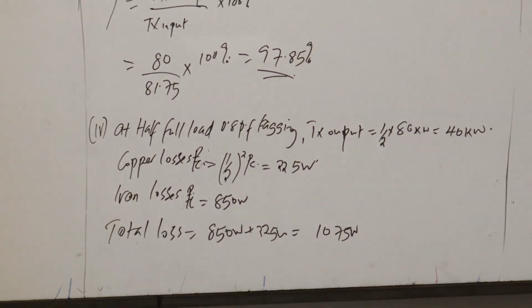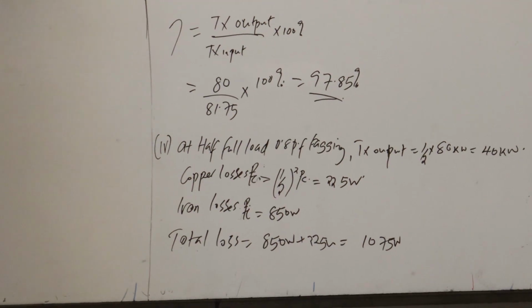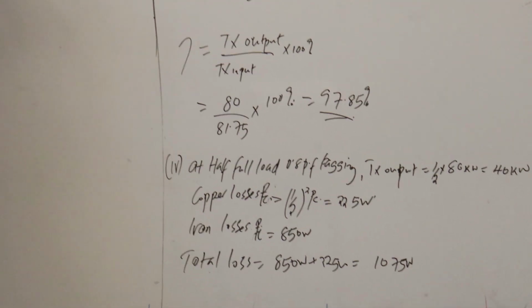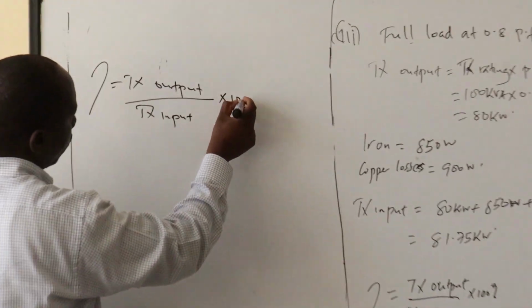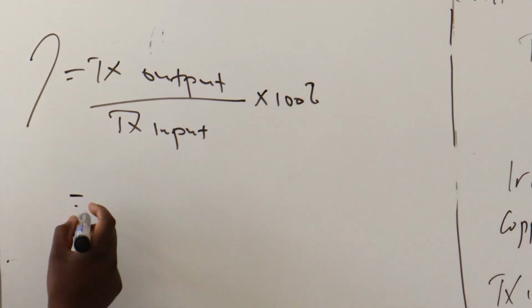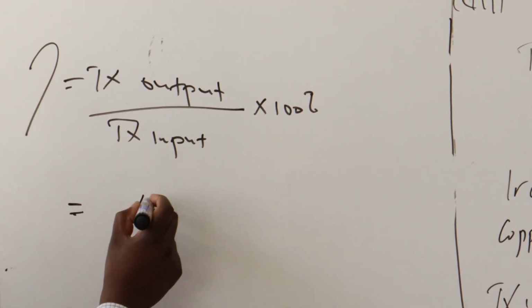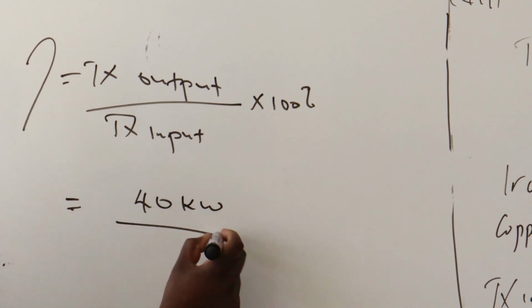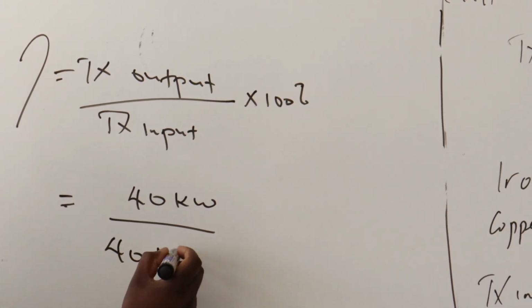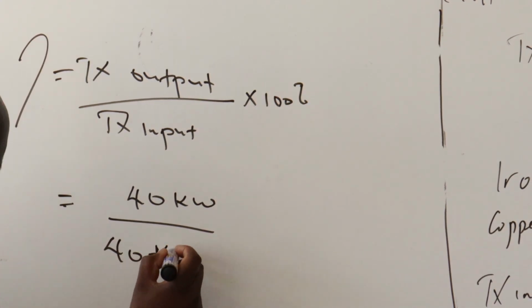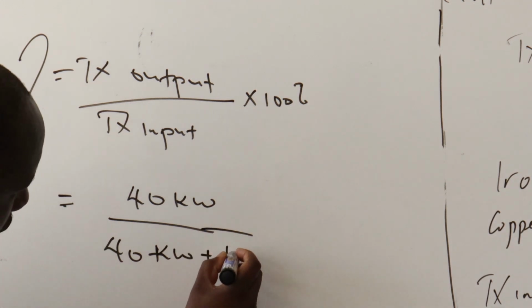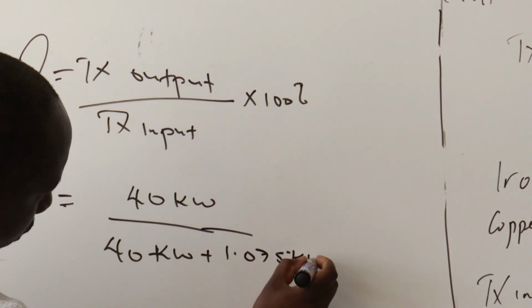Now calculate the efficiency. Efficiency is supposed to be transformer output over transformer input times 100%. In that case, we shall have the transformer output as 40 kilowatts, while the input is 40 kilowatts plus 1.075 kilowatts.